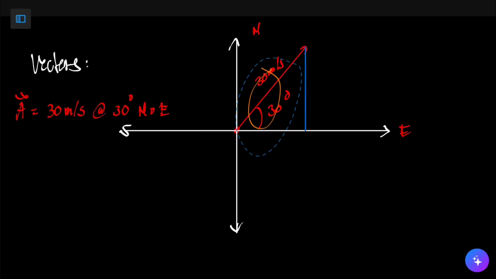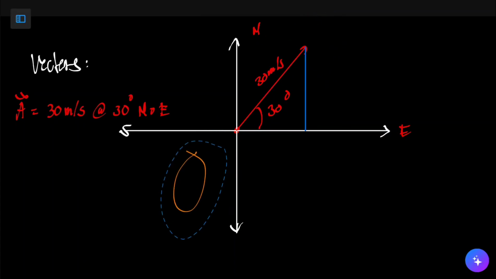As it moves here, it reaches this height. So it corresponds to the y component, or the height taken by the projectile as it moves along this path, right?